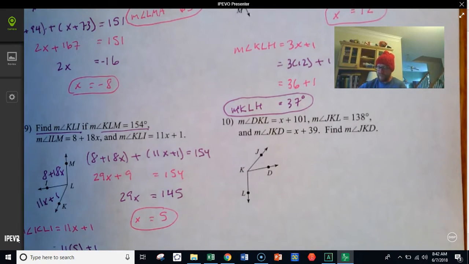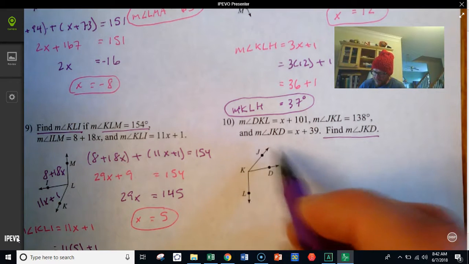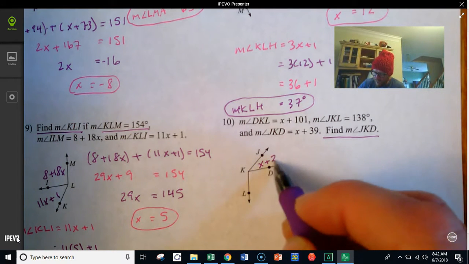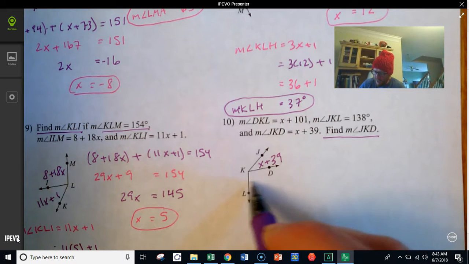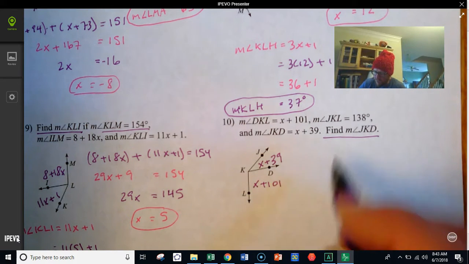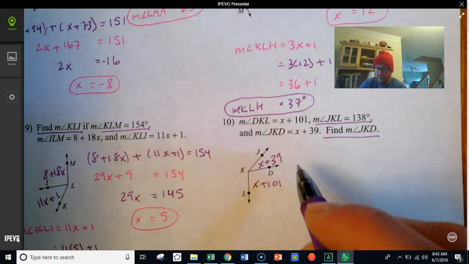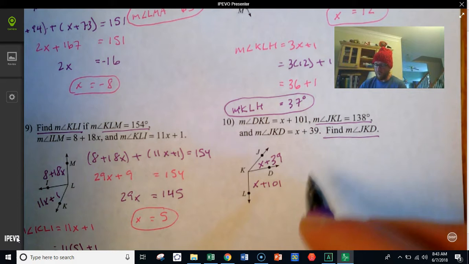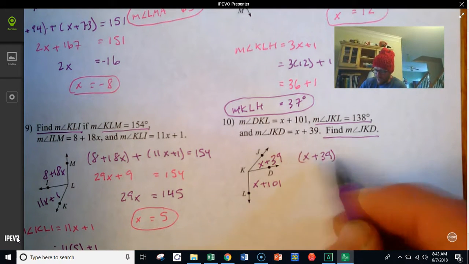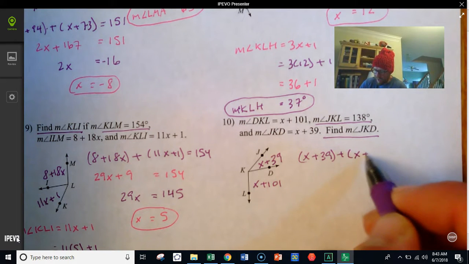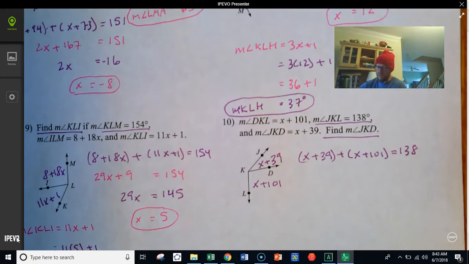Okay. Number 10, we're trying to find the measure of JKD. So we know that JKD is x plus 39. We know that DKL is x plus 101, and that the big angle is 138. So we're going to go with x plus 39 plus x plus 101 equals 138.